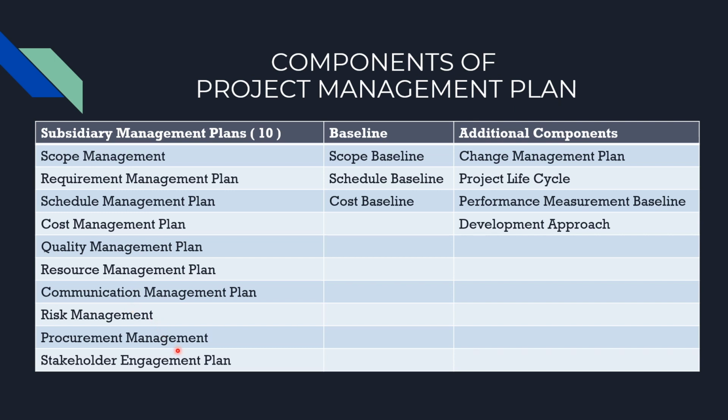In terms of baselines, there are 3 baselines which are part of the project management plan: scope, schedule, and cost. Additional components can be the change management plan, how the change will be managed in the project, what the project life cycle would be, how the performance will be measured, and what development approach will be followed in the project.